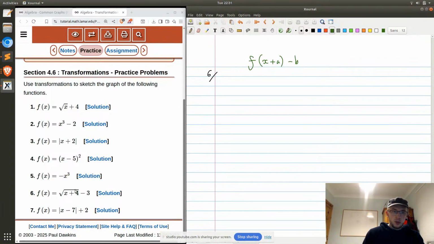The +4 will shift the square root function of x to the left by 4 units. And the -3 will shift it down, translate it down by 3 units. So instead of starting at 0, 0, it'll start at -4, -3. And so let's check it out.